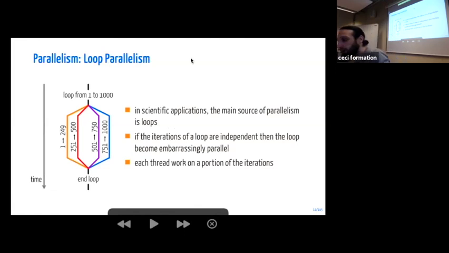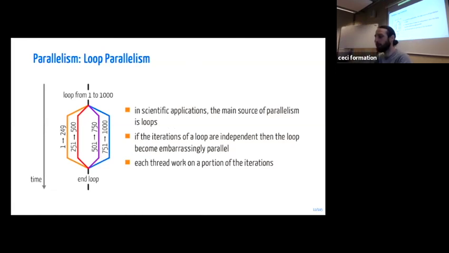Another form of parallelism, the most common and easier to use, is loop parallelism, which in most cases in scientific applications is the main source of your parallelism. You take your loop, and if its iterations are independent of each other, you can split your loop into chunks, and then it becomes embarrassingly parallel, and each thread can work on a portion of the iterations of the loop.